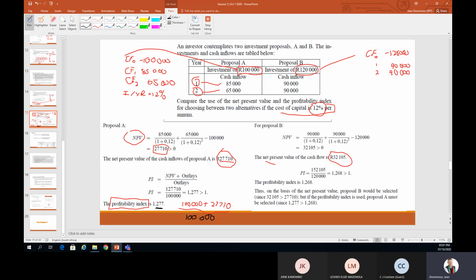I'll use the black pen, it is easier to see. Then you will see the profitability index is 1.277. So it's bigger than 1, so you're making a profit, which is great. But let's look at the other one. Your investment was 120,000.